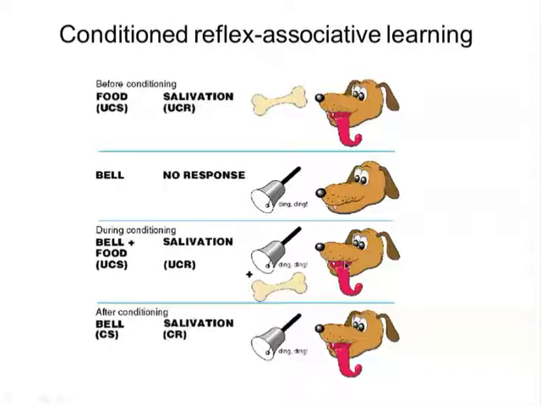So when there is only ringing of the bell, as the associative learning is there, salivation occurs in the dog. Am I clear? This is called conditioned or associative learning. It is also implicit learning. You cannot explain it. Up to this clear?